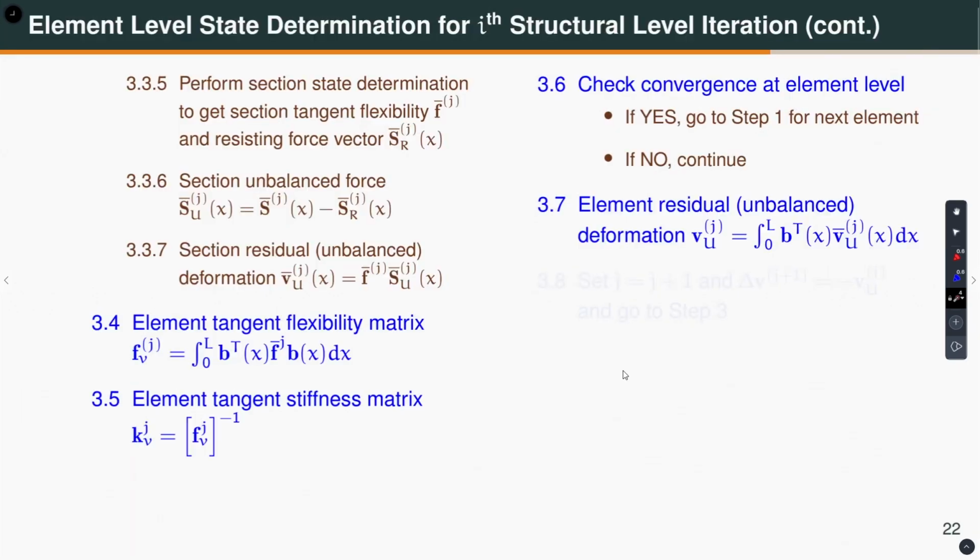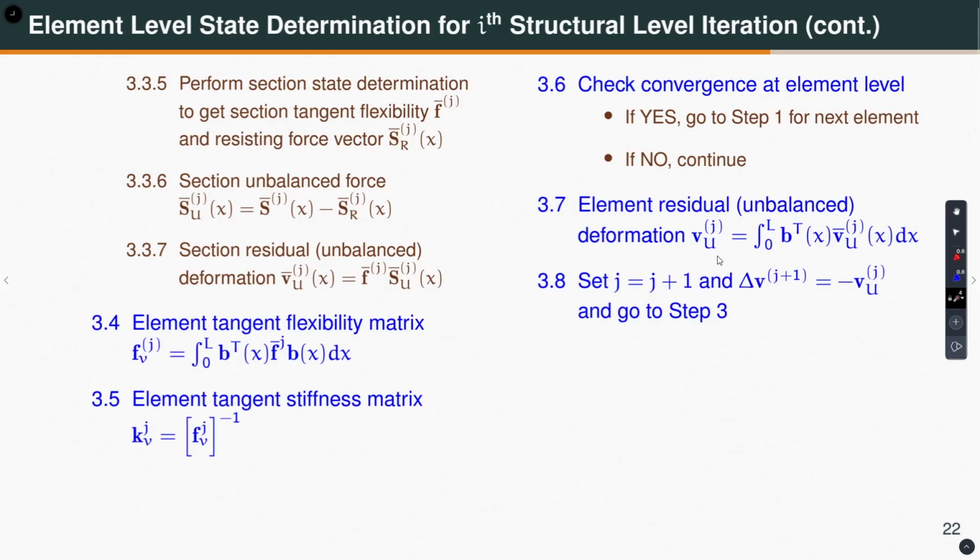What is the next step? Now, I calculate the element residual unbalanced deformation, which is violating the compatibility. How do I do that? I derive this relationship, if you remember, that this is my section deformation and this is my element deformation. Now, if I have the unbalanced section deformation, then if I use this integration, I get the element unbalanced deformation. So, this is what is violating the compatibility.